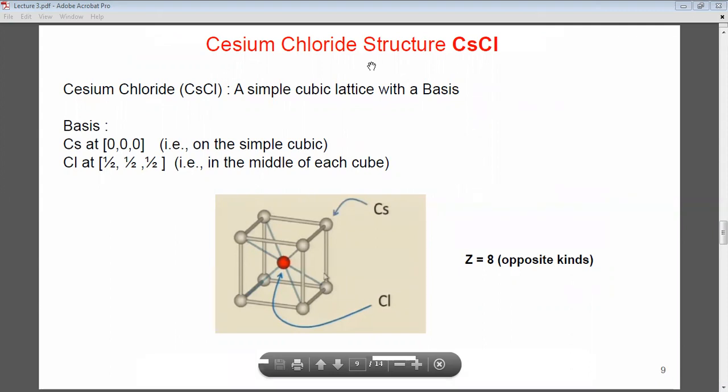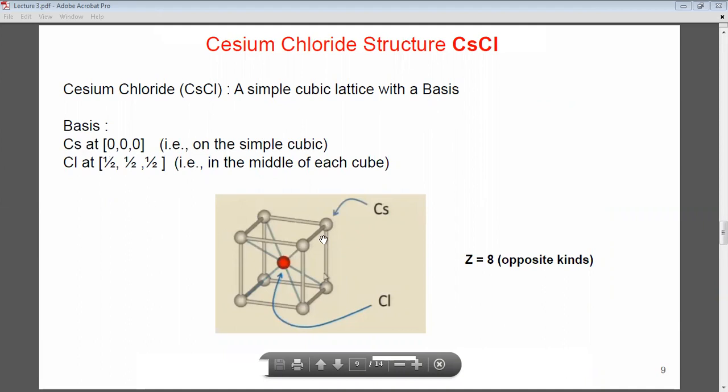Now, this is how the unit cell for cesium chloride looks like. What do we have? We have a simple cubic lattice, but with a basis. And what is the basis?